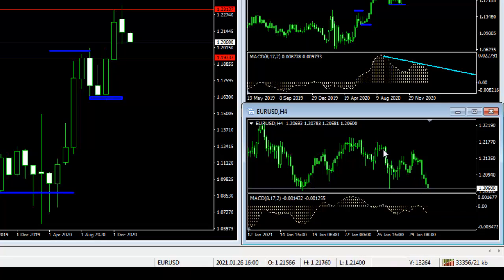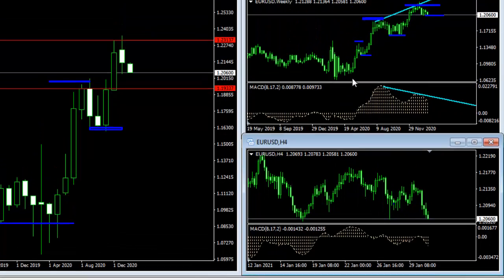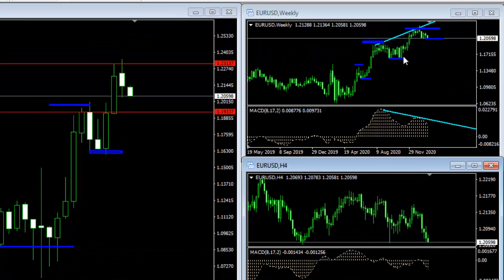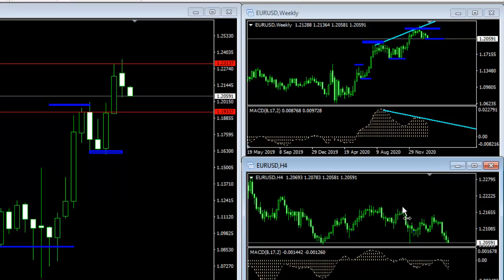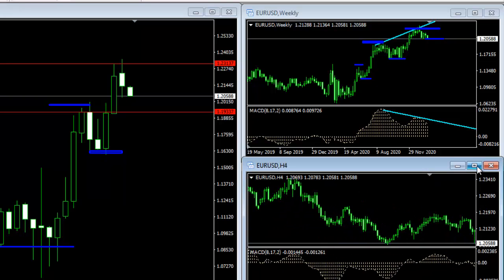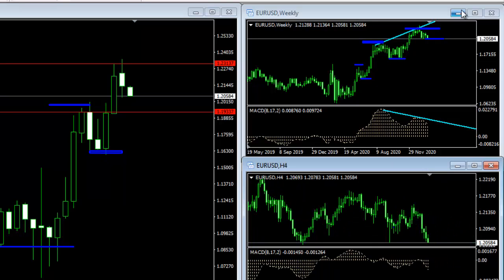We had the movement down, starting there. Let's take that low there, this low here. So that is that low there.